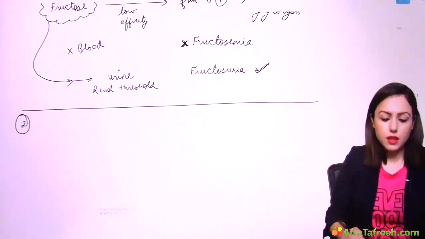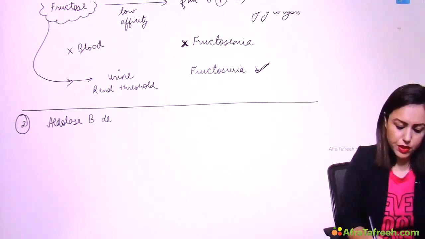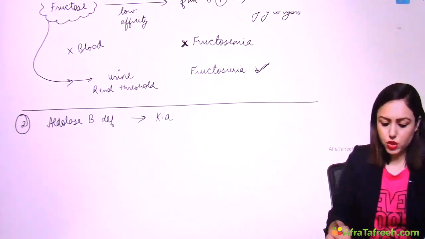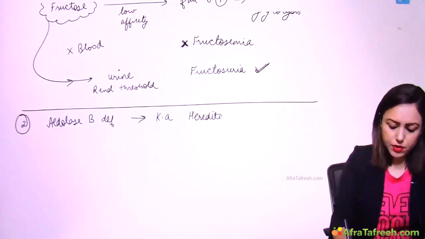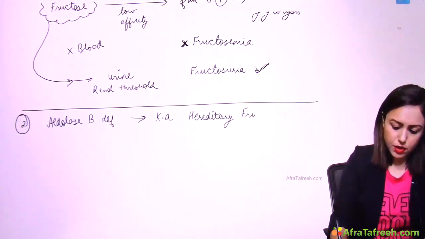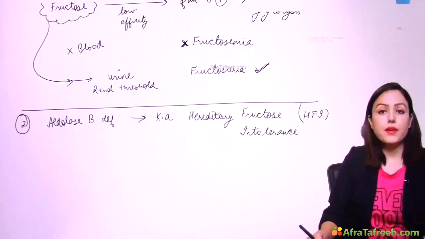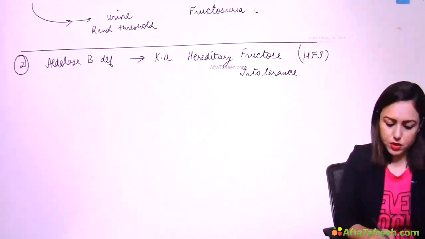Next one is the enzyme aldolase B. Aldolase B deficiency is known as hereditary fructose intolerance, short form HFI. So what will happen in this?